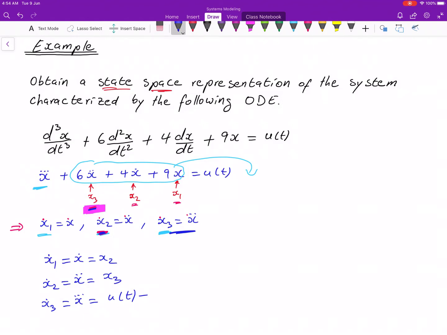So minus 9x; 9x is assigned x1, so we can write 9x1, minus the next one, 4x dot. x dot is x2, so we write 4x2, minus 6x dot dot. x dot dot is x3, so minus 6x3.